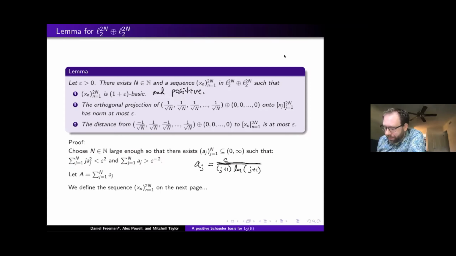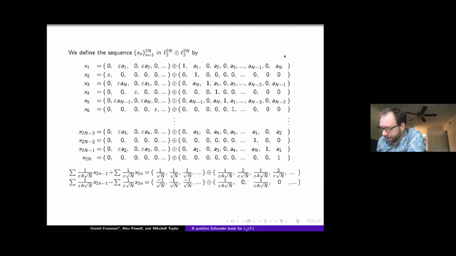Now we want to check that the orthogonal projection of this vector onto the span is going to be extremely small. I'm not going to prove that, but I'm going to try to give an idea of what happens. If I want to create a vector on this left side that is constant 1 over root n, the way that I would do that is I would take an average of these.